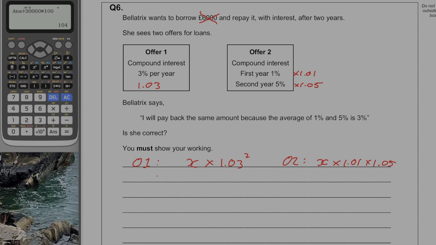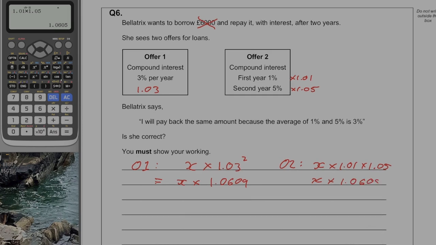So for the first one, it's going to be x times by 1.03 squared gives us 1.0609. And for the second one, 1.01 times by 1.05 gives us a multiplier very similar but slightly different, 1.0605.